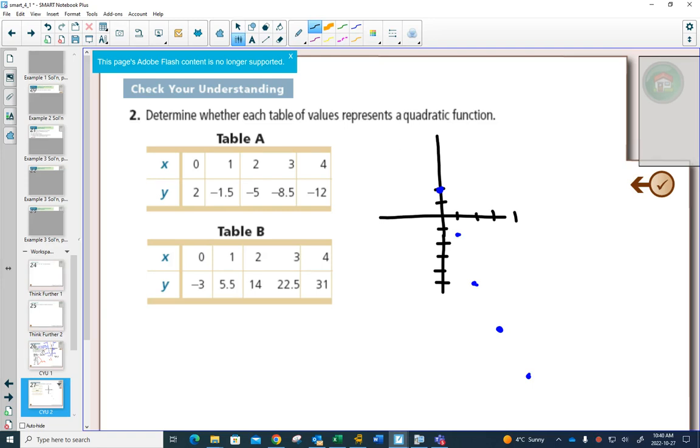And if we look at what's happening as we switch, we're going down 3.5, down 3.5, down 3.5, down 3.5. This is a line. And if the difference that you're always switching is the same, that's your slope. So the first one is a line with a slope.